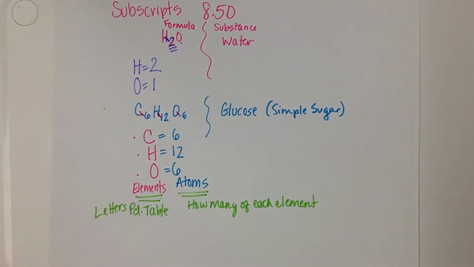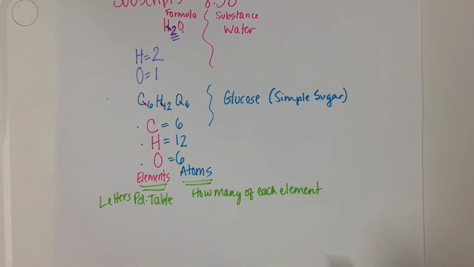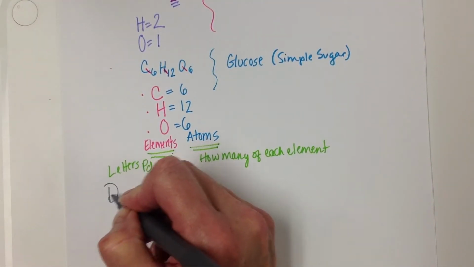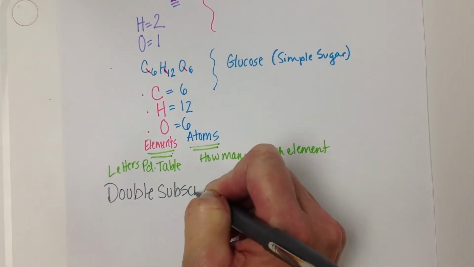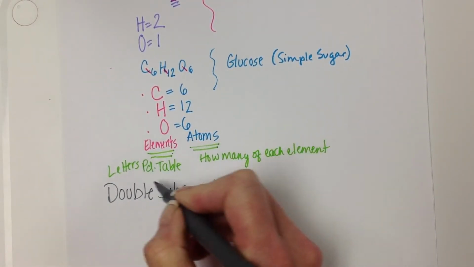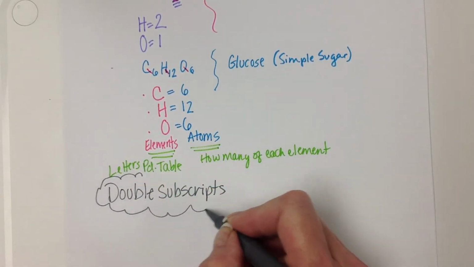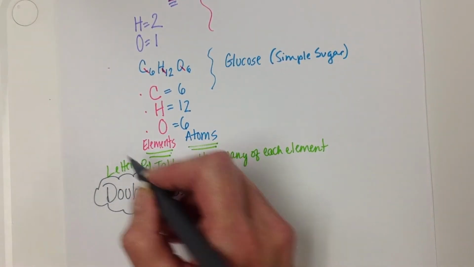Okay. So much for subscripts. Now, on this last test you took, it was a little tricky because you did have some double subscripts to contend with. So let's look at that and what to do when. I'm going to take one straight off the test.